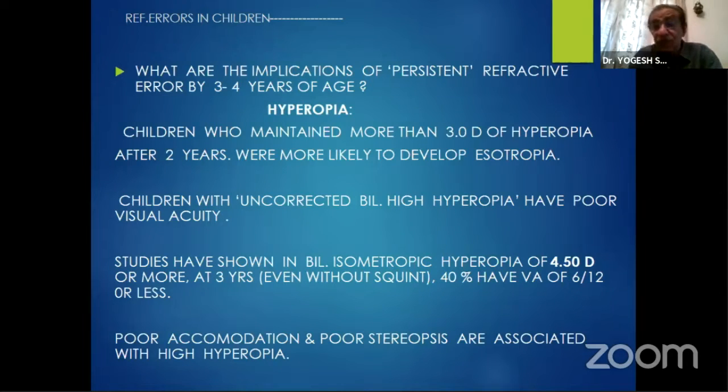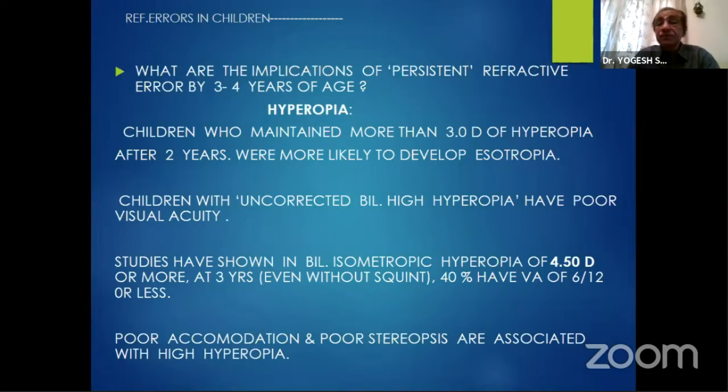So they are more likely to develop esotropia. Now, children with uncorrected bilateral high hyperopia, naturally it will come with uncorrected only, have a poor visual acuity.